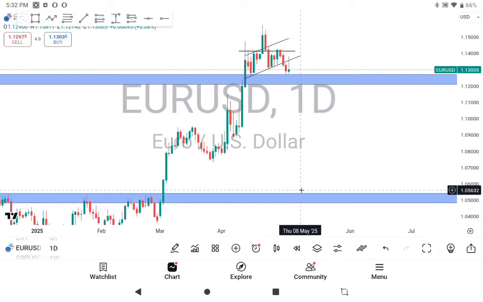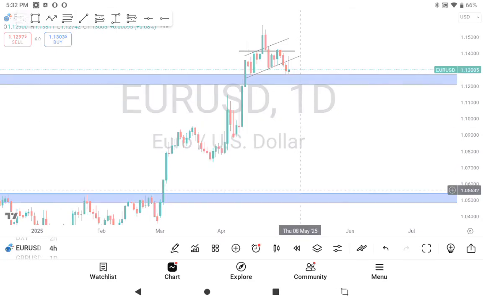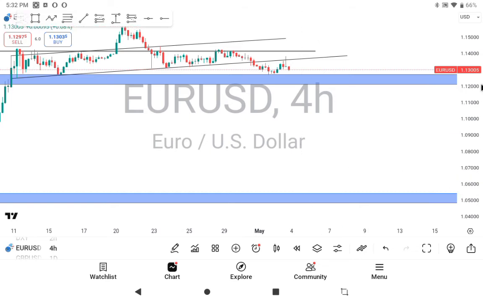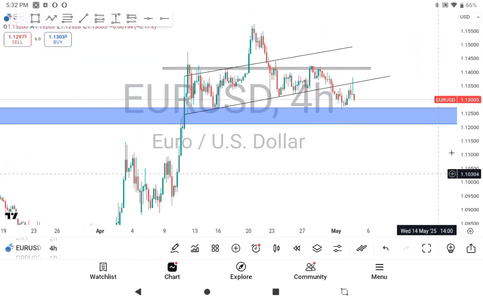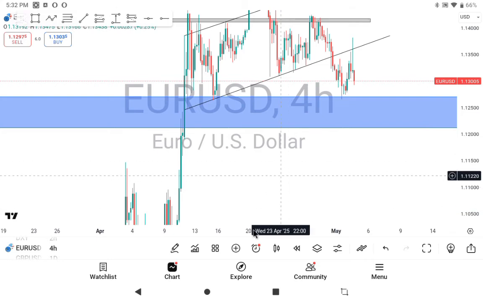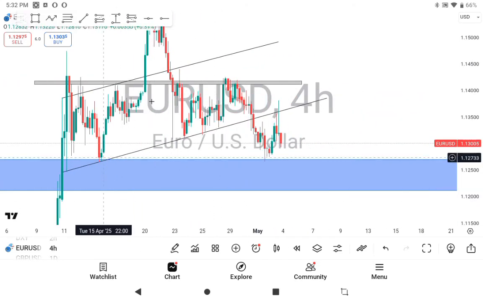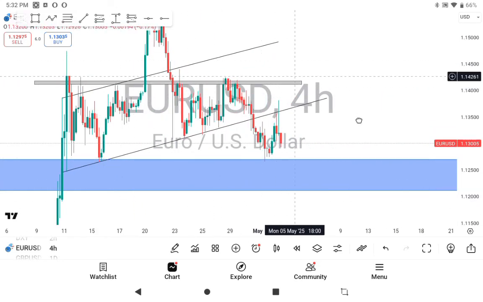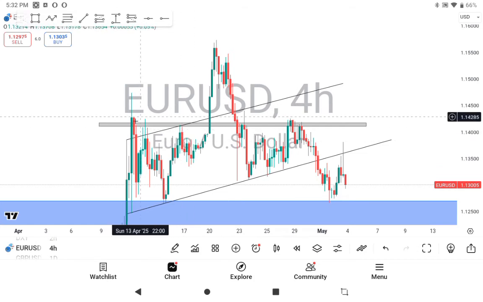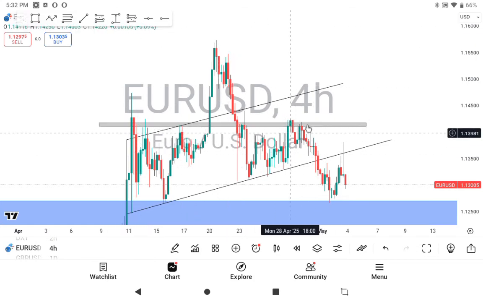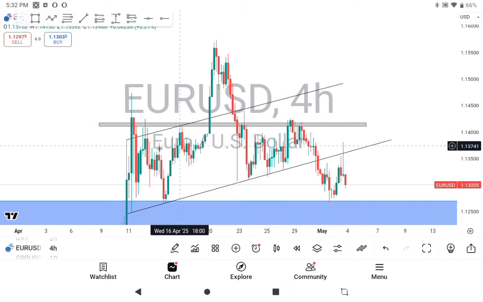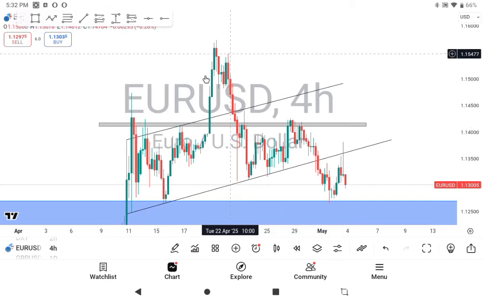Now let's go to the 4-hour time frame to see more details. Now right here on the 4-hour time frame, we can see clearly a rising wedge. We also have a left shoulder right here. This is the head and this is the right shoulder. I repeat, we have a left shoulder, the head and the right shoulder.